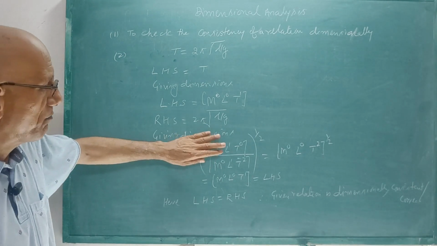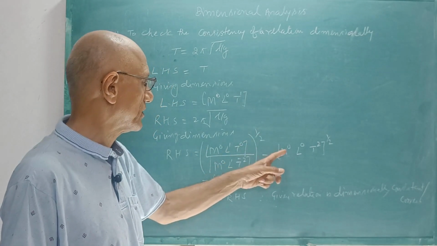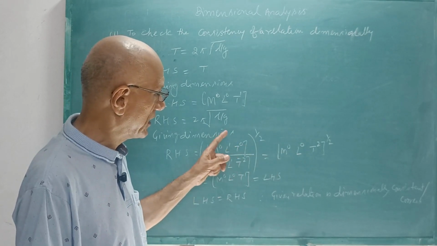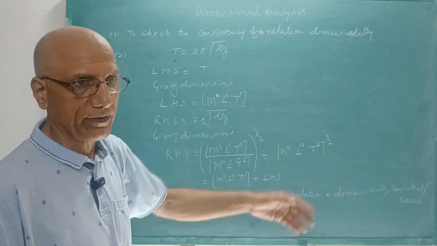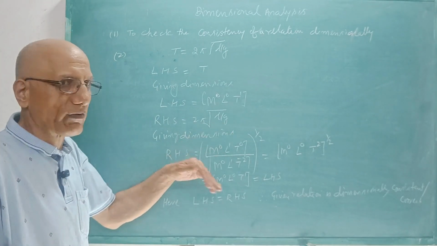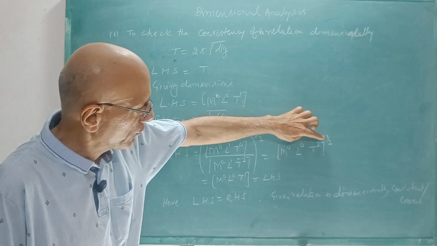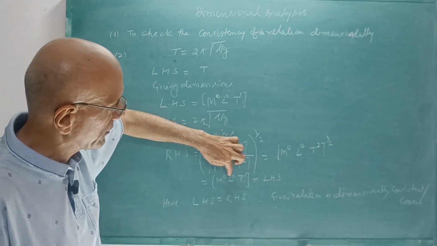When we divide these quantities, according to the law of indices the powers are subtracted. So M power 0 minus 0 remains 0. L power 1 minus 1 becomes 0. And T power 0 minus minus 2 becomes 2. And the whole power is half. In case of indices, when a power is raised to a power, they are simply multiplied.